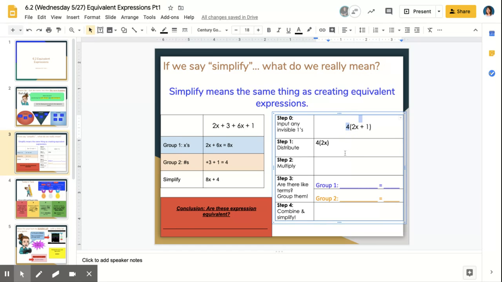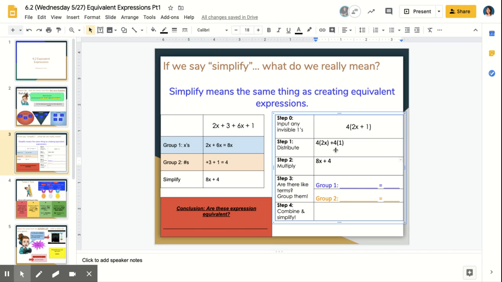I take that outside number, that 4, and I put it with the inside number, which is 1. All right? And now I multiply. So I get 4 times 2x, that's 8x, plus 4 times 1, which is 4.